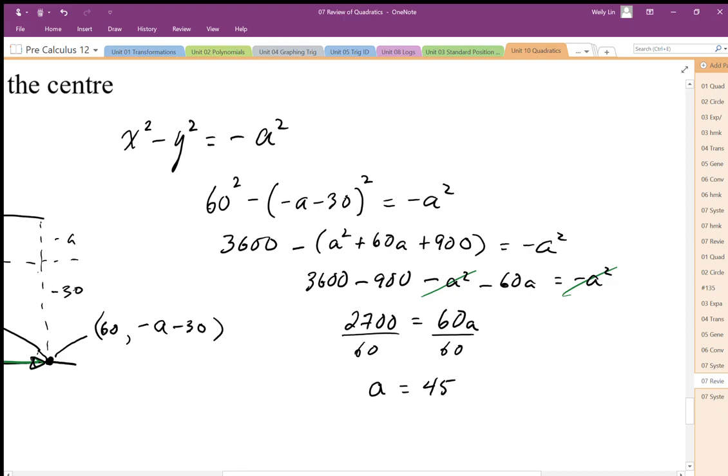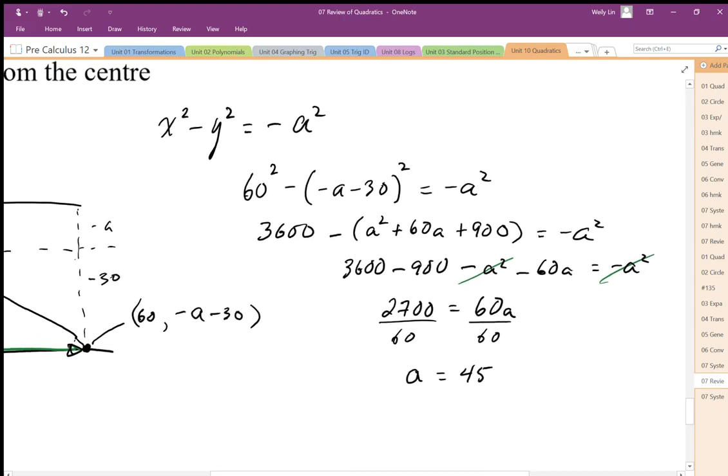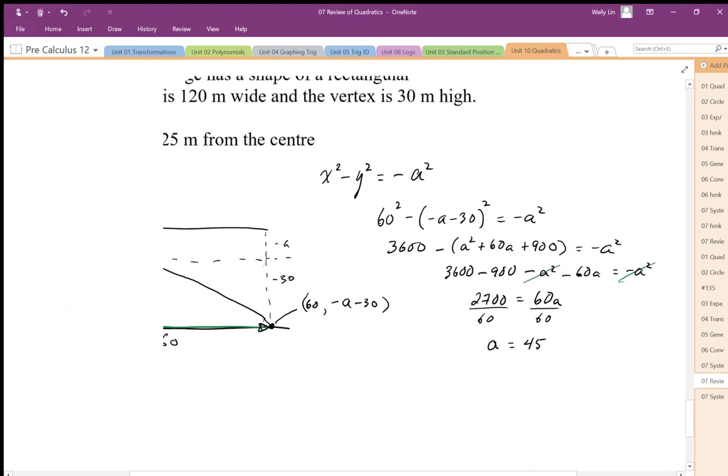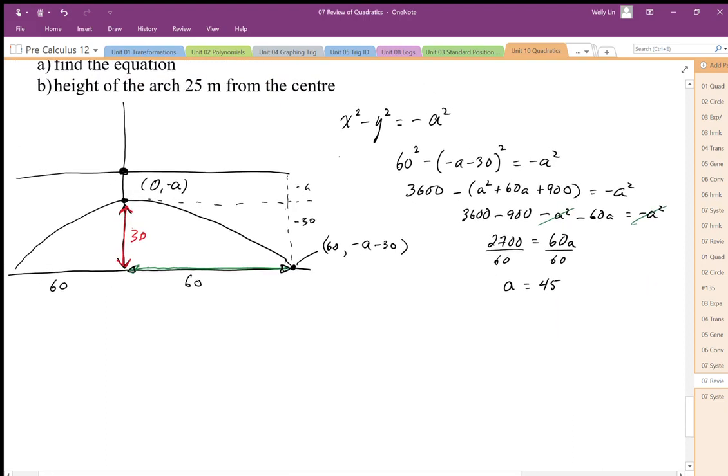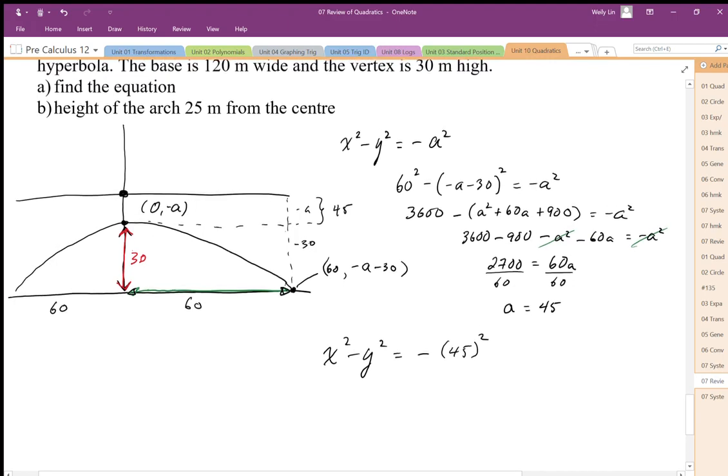Okay, so the a value is 45. So that means this length here is 45. And not only that, my equation is going to be x squared minus y squared equals negative 45 all squared. Okay, so there's the equation of my hyperbola.